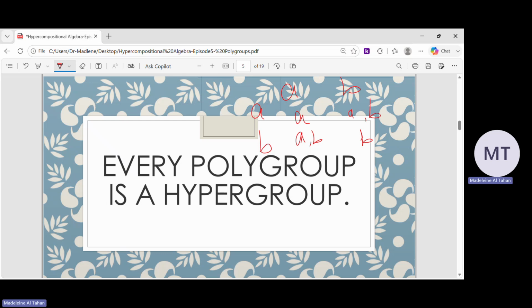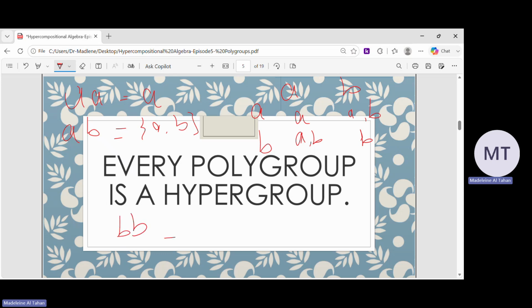So what do you think about the identity here? What do you mean by an identity? So if we look at A times A is equal to A, and A times B is equal to A. So if you look at A here, it serves as identity. What do you think about B?